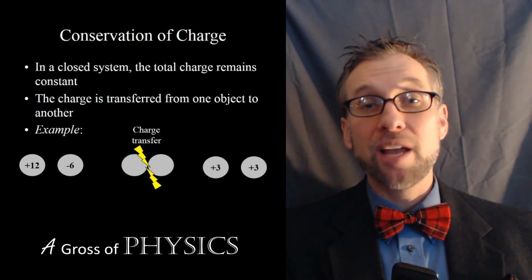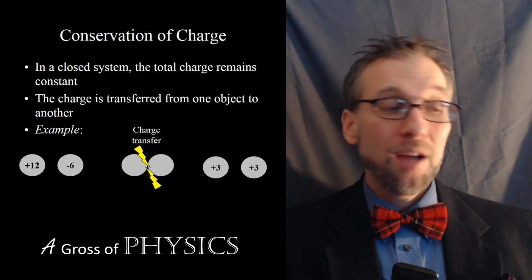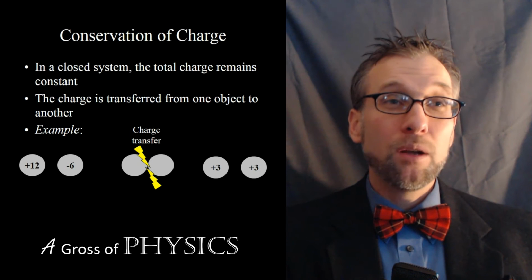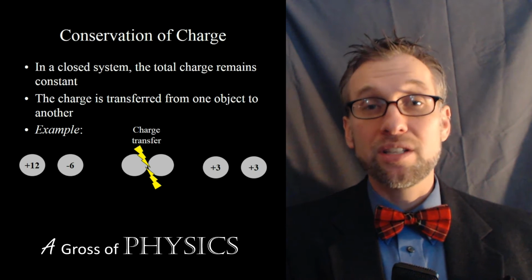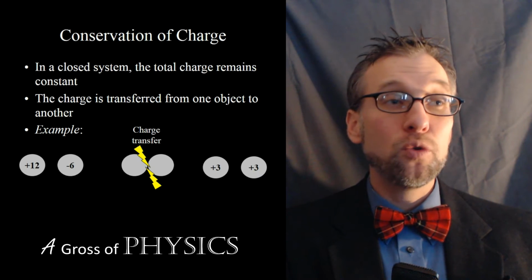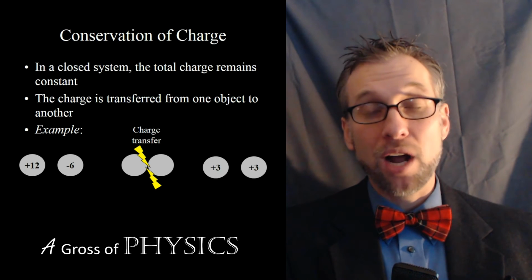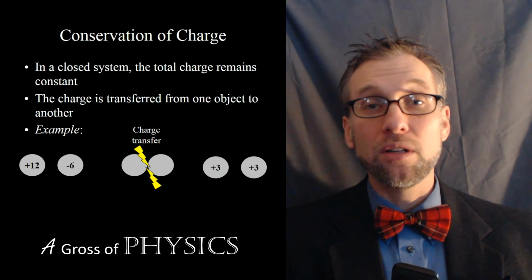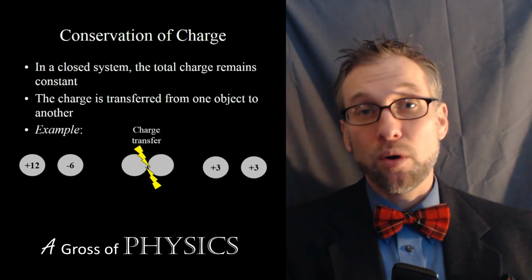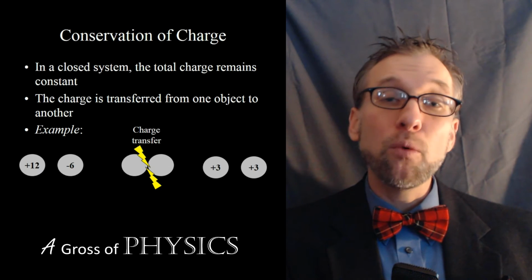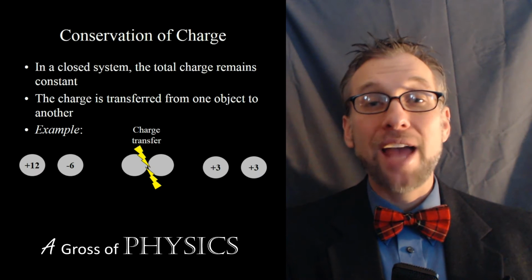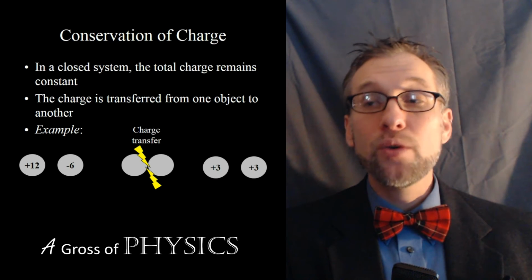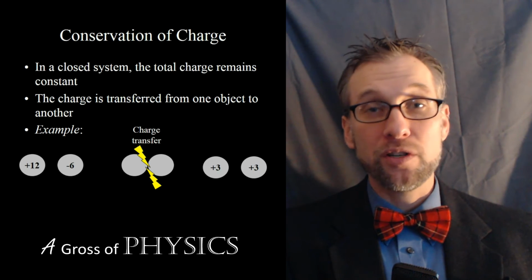And we're going to do a number of sample problems on the whiteboard. But simply speaking, whatever the total charge of the system is, it has to remain the same throughout the problem. And that's, of course, in a closed system. If we introduce external charges, then that will throw off our results. Now, one thing to note, since you have to have a whole number of electrons, you can't have half charges.